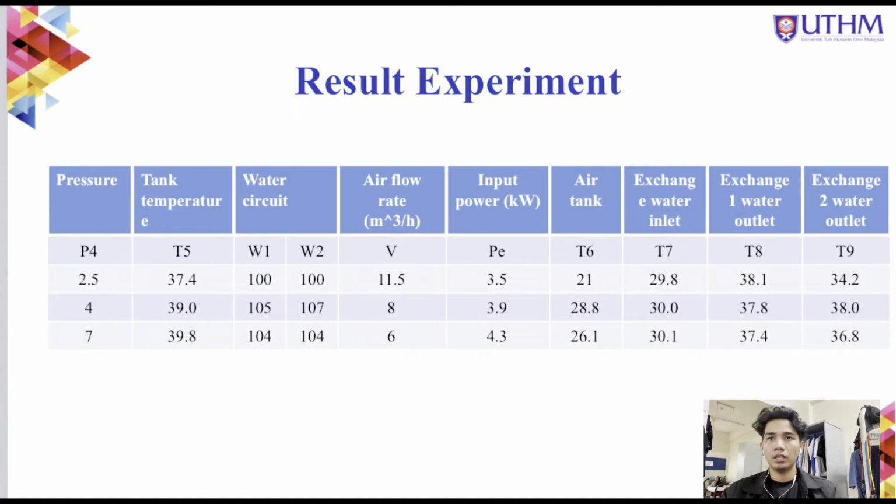For pressure we have P4, and as we can see the pressure is 2.5, 4 and 7. For the tank temperature we have T5. For the water circuit we have W1 and W2. For the air flow rate we have V.